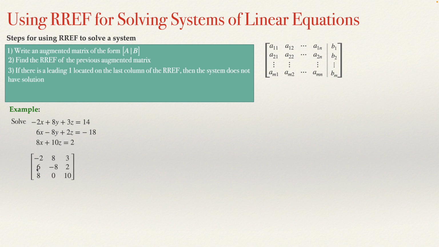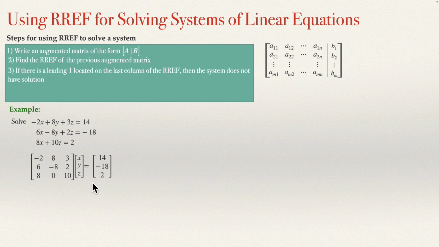Then in the second equation, 6, negative 8, 2 are the coefficients, so they will be the entries in the second row of the matrix A. And finally, in the third equation, we observe that a term for y, the second of the unknowns, doesn't appear. So this means that this coefficient will be 0. So it will be 8, 0, 10. That multiplies the vector of unknowns, that in this case will be x, y, and z. And this will be equal to the vector of the constants, 14, negative 18, and 2.